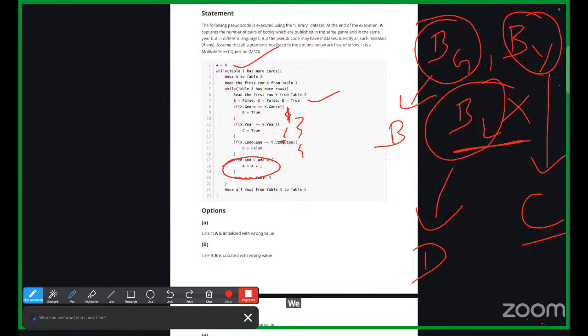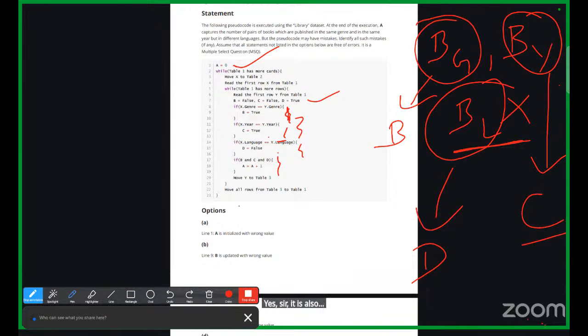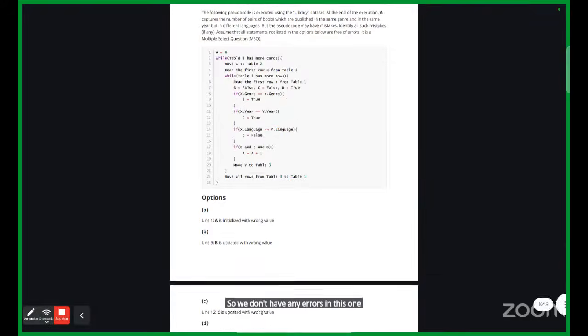We are checking the condition B and C and D. B was correct, C was correct, D was also correct, and we are doing AND here. So this if block is also looking good, and then we are just moving the cards. So we don't have any errors in this one, right? Yes, sir.